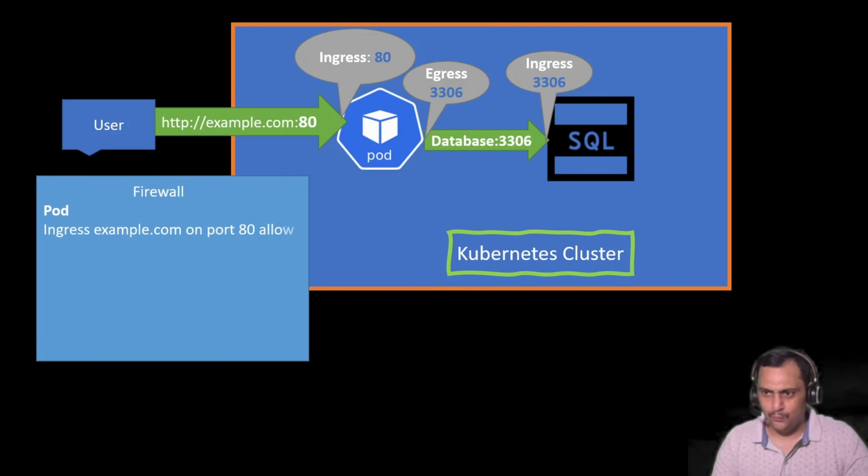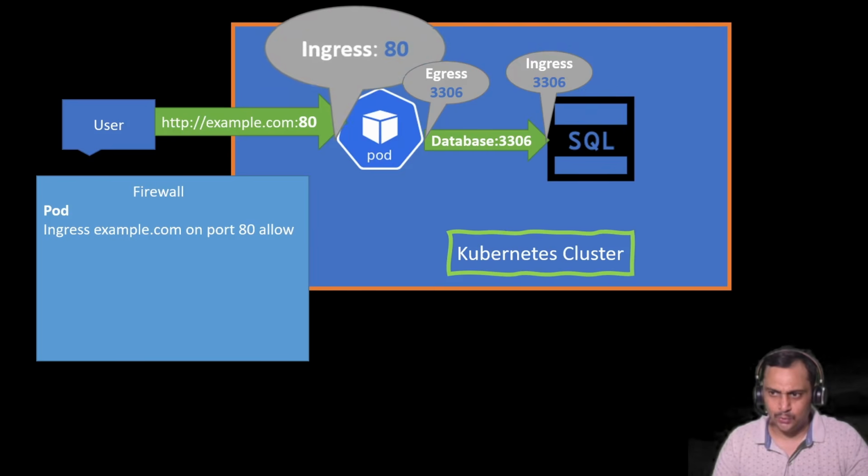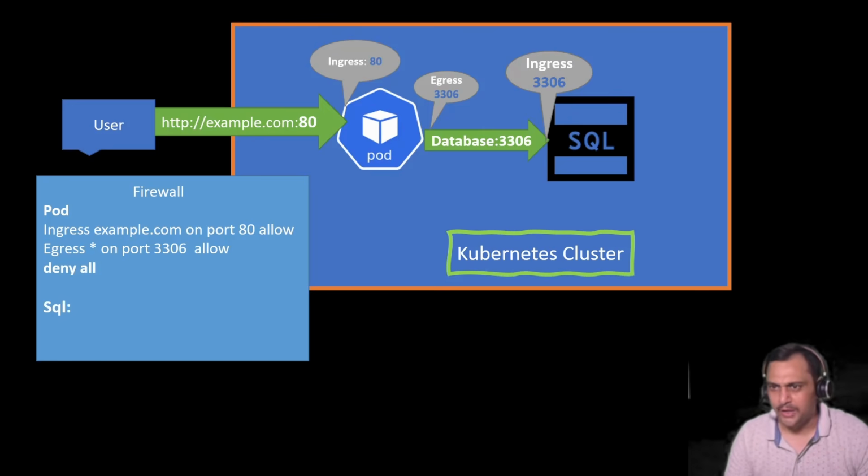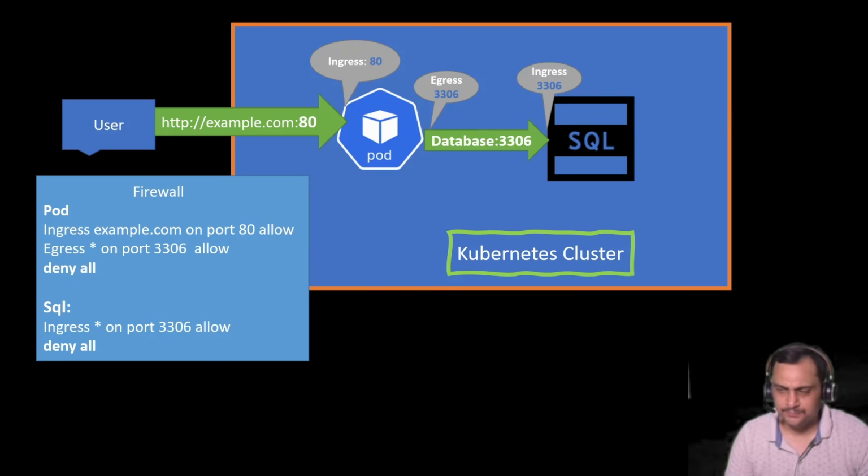For the Nginx pod, we create an ingress rule to allow example.com on port 80, an egress rule to allow outgoing traffic on port number 3306, and in the end we deny all other traffic. For SQL, an ingress rule to allow traffic, and deny all other traffic.